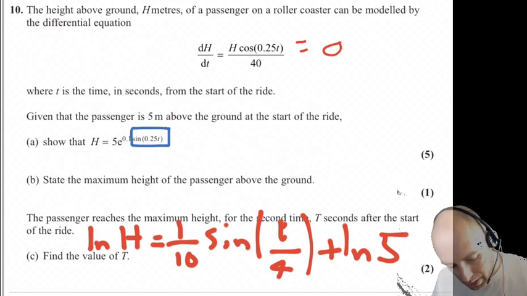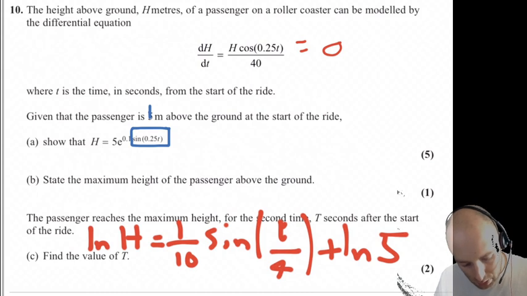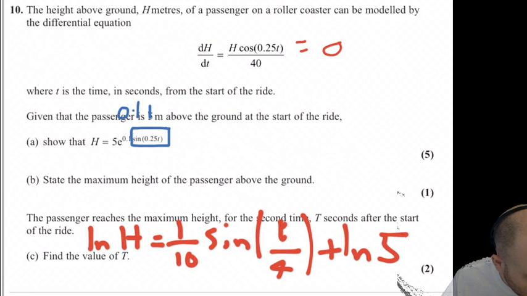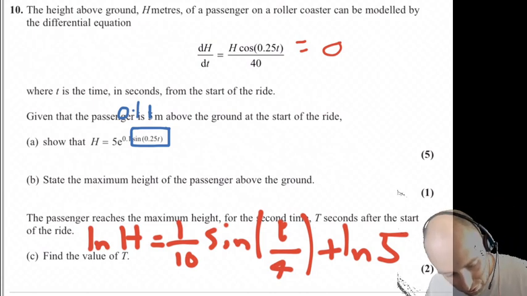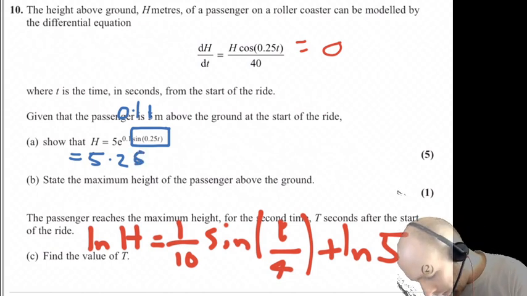Yeah, so the maximum of that bit there is 1. e to the 0.1 times 1 is going to be e to the 0.1. So 5e to the 0.1 gives me 5.25, or 5.26. So I think that's what we're going to be looking at.